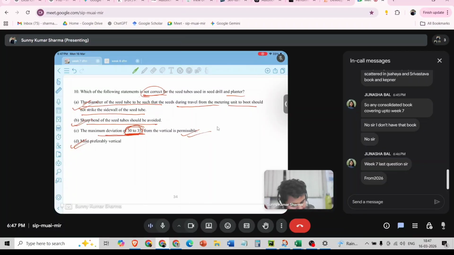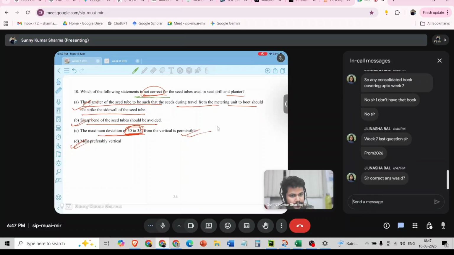Which of the following statements is not correct for seed tubes? Here the correct answer was D.